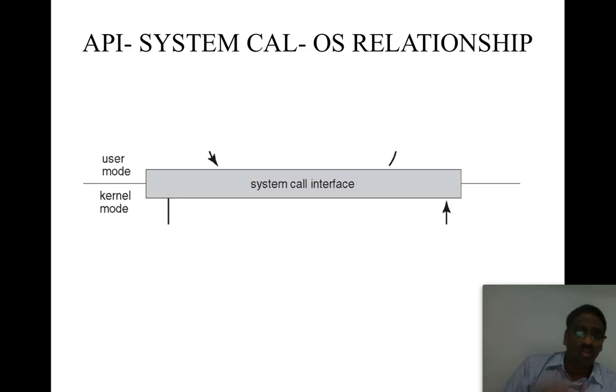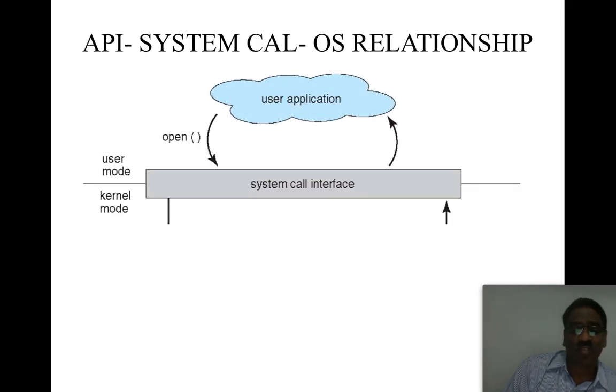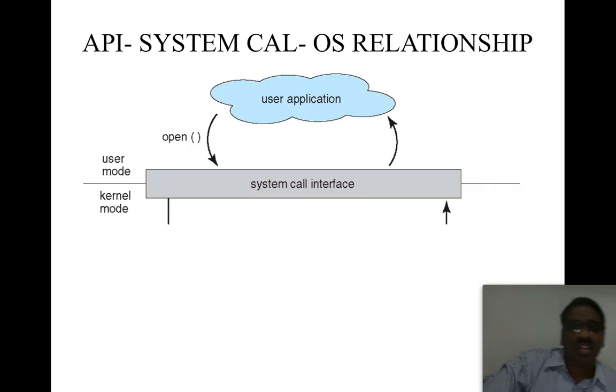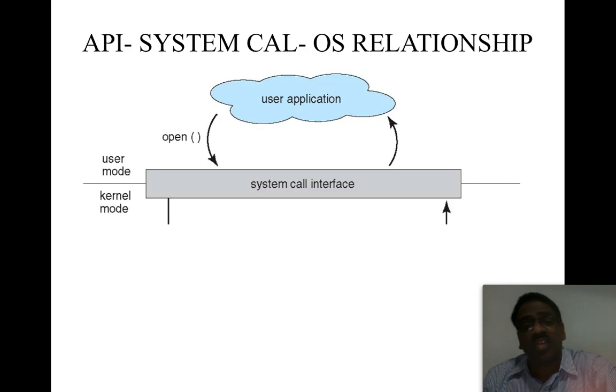One is a user mode interface, the next one is the kernel mode interface. Now, whenever the user gives some command, such as the open command, that will be executed first in the system call interface, and after that it will be executed in the user interface.